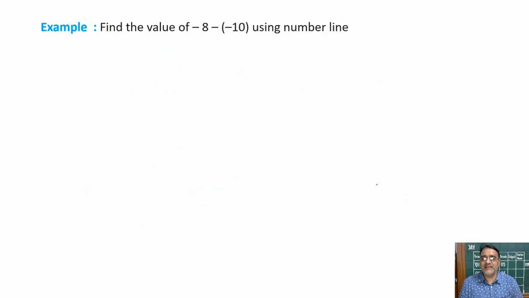Example, find the value of -8 minus of -10. So here also we are subtracting a negative integer. So here also we will move to the right side.